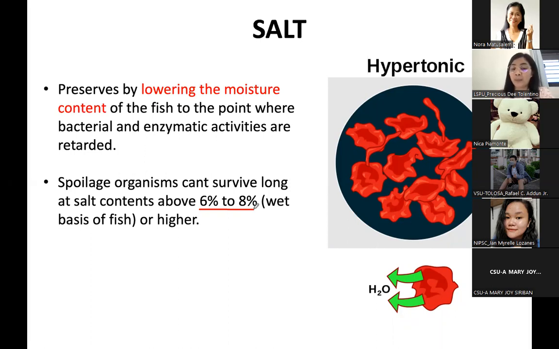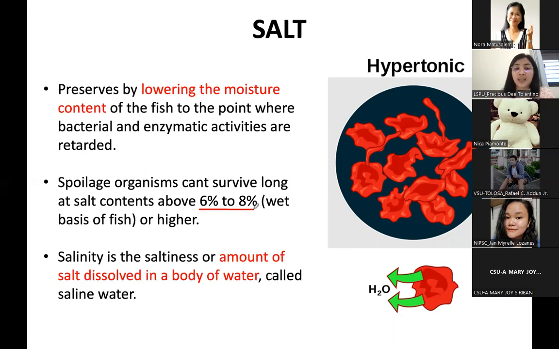I remember lumabas na itong percentage na ito. And salinity is the saltiness or amount of salt dissolved in a body of water called saline water, usually pag sa processing that is brine water. So 6 to 8%, that is the salinity required.